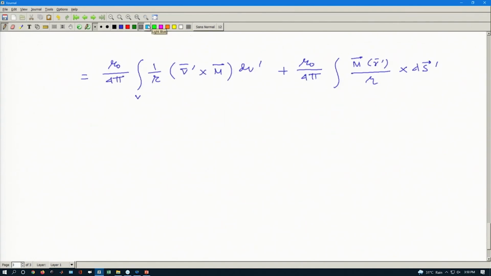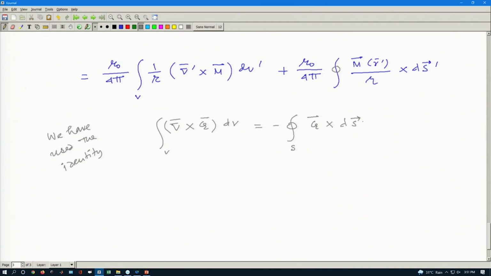This is one of the problems in Griffiths' book. So, we have used the identity, and the identity is, if I have a vector field, say G, the volume integral of curl of G dv over V is equivalent to minus of a closed surface integral of G cross ds.